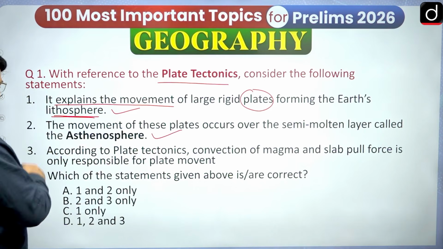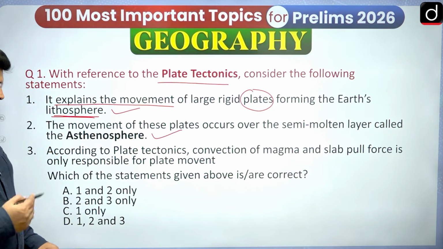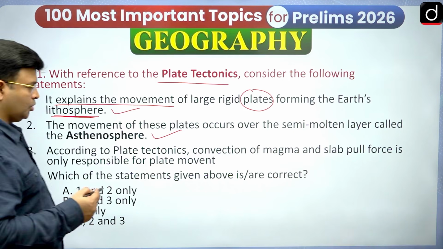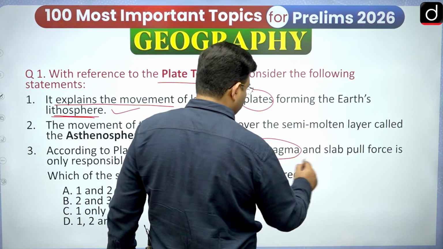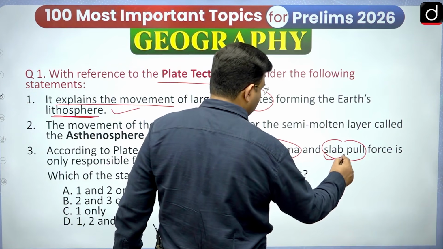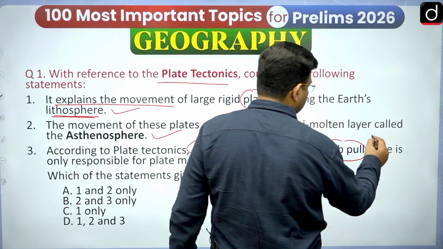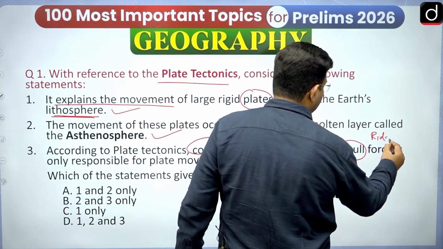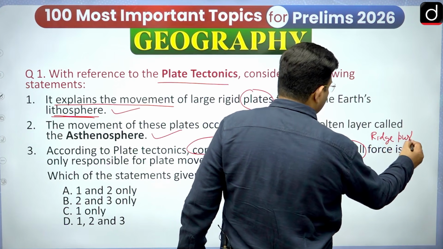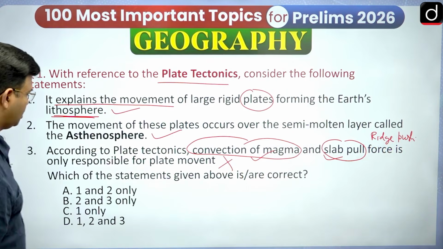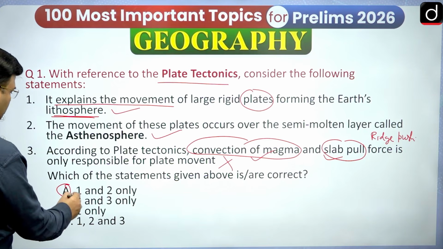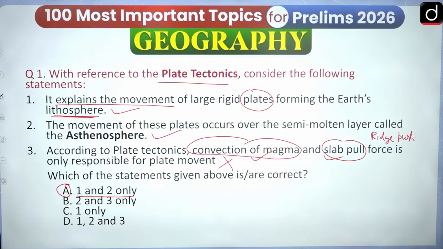The third statement says that according to plate tectonics, convection current of magma and slab pull force are the only forces responsible for plate movement. No, convection current of magma is correct, and slab pull is also correct, but there is one more, ridge push, which is missing. So this statement is wrong, and option A, 1 and 2, is correct.